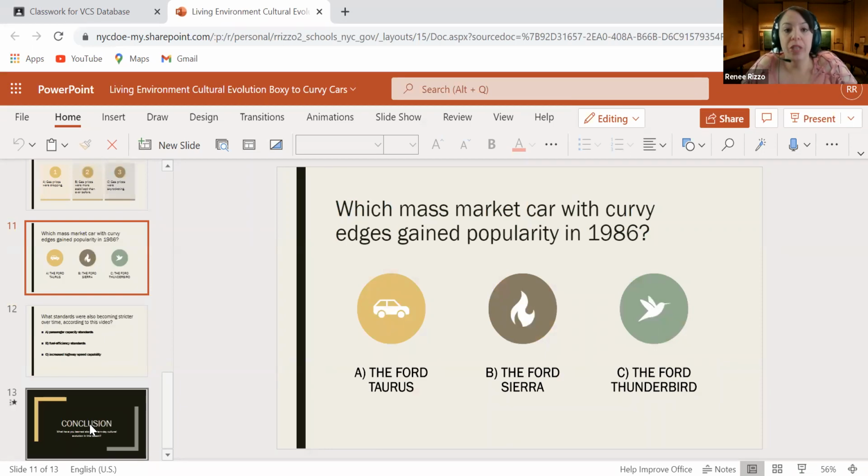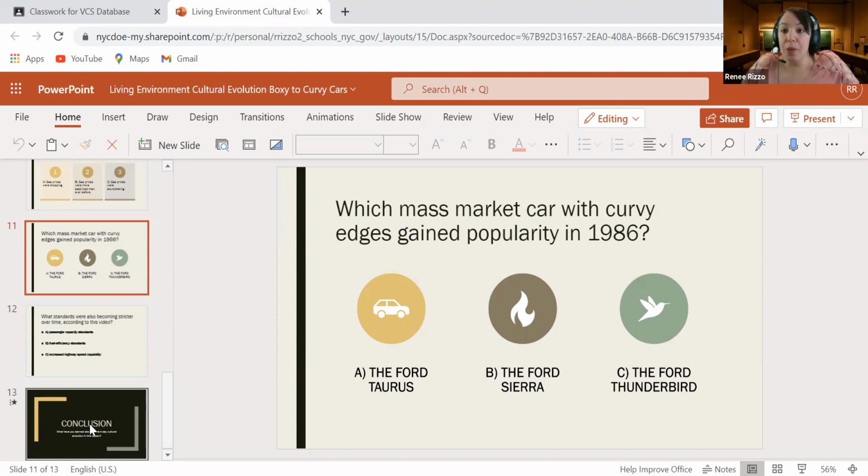Next question. Which mass market car with curvy edges gained popularity in 1986? A, the Ford Taurus, B, the Ford Sierra, or C, the Ford Thunderbird?